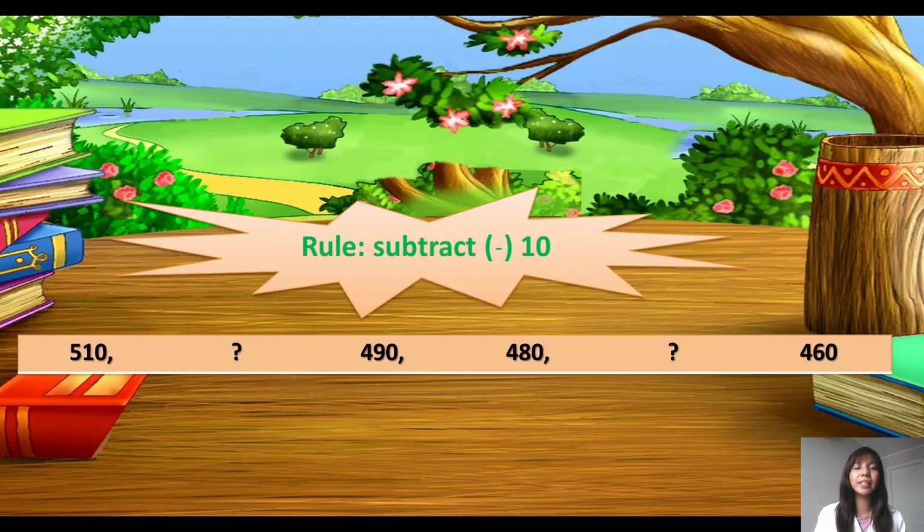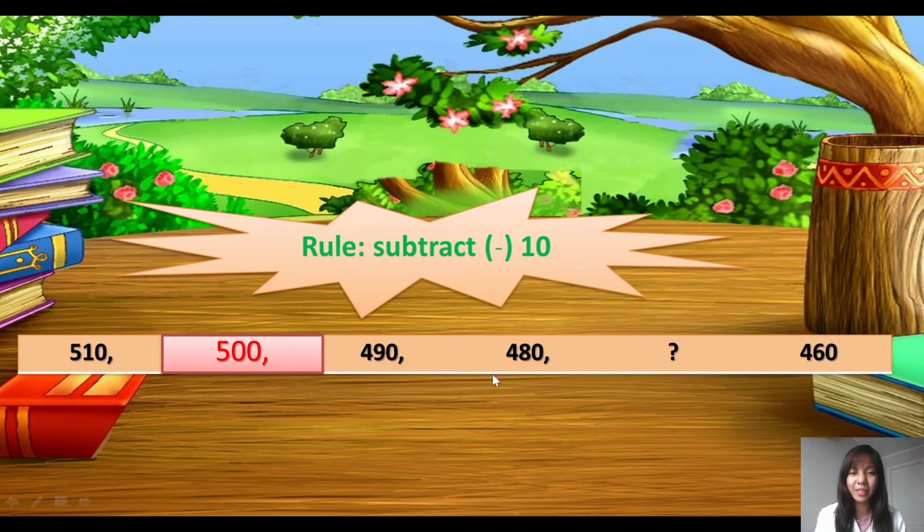Okay, the rule is to subtract 10 or minus 10. Alright. So now we can answer 510 minus 10. What is the answer? Okay, 500. Very good. And then 500 minus 10, it becomes 490.